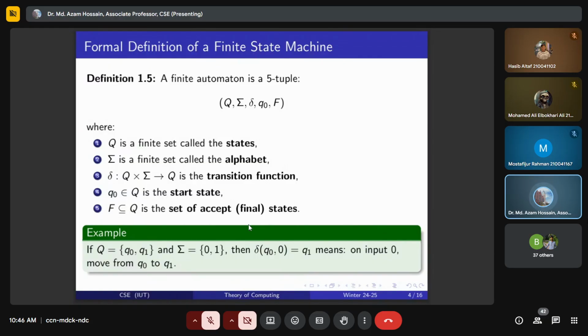Again I am repeating what it means: in this transition function, delta Q naught reading input 0 moves to Q1, meaning on input 0 I am moving from Q naught to Q1. On the other hand, if you are in state Q naught and you have current input 0, then you are moving to state Q1. Okay, I believe this definition is clear and you are able to write it without memorizing this definition, inshallah.